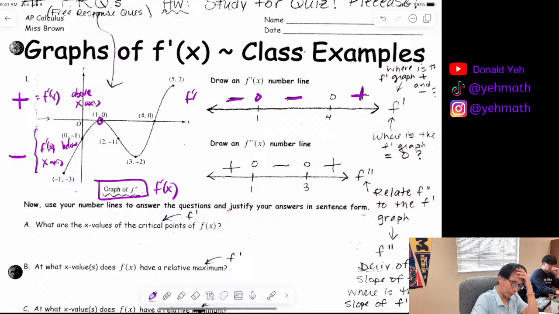Does that make sense? Because you are below the x-axis between -1 and 1, and from 1 to 4 it is still below the x-axis, and from 4 on it is positive. So that means this is decreasing, this is decreasing, this is increasing. Any questions so far?